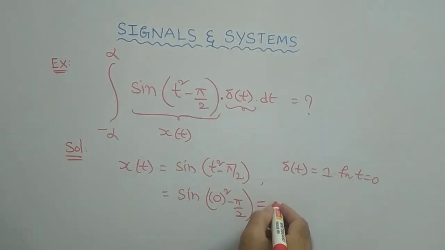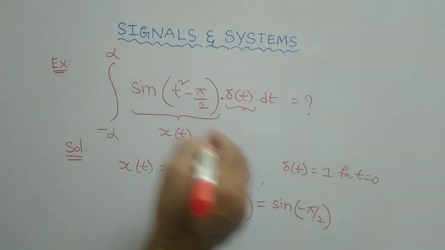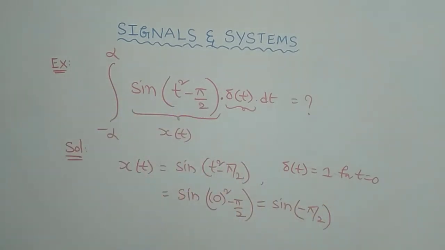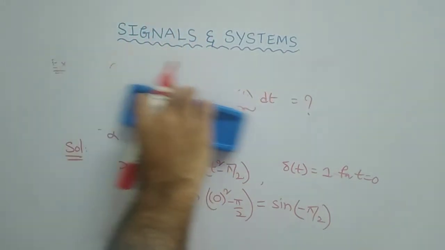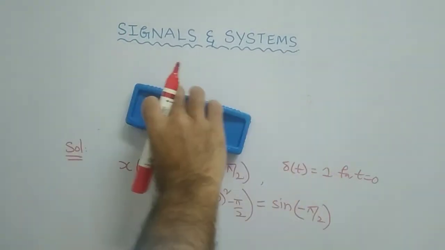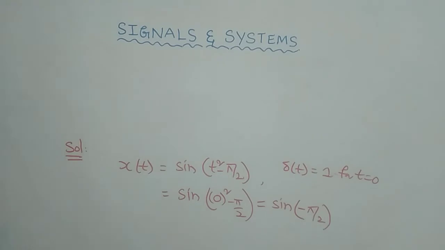This implies what you will get? It is sine of, tell me, 0 square means 0, minus pi by 2. Clear? It is sine of minus pi by 2. So sine, is it an even signal or odd signal? I already explained this in the very beginning presentation of our signals and systems subject.